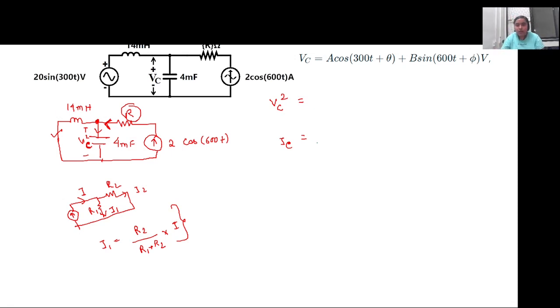Yeah, we'll get to that. 2.104 cos of 60t. Anyone else got the same value?